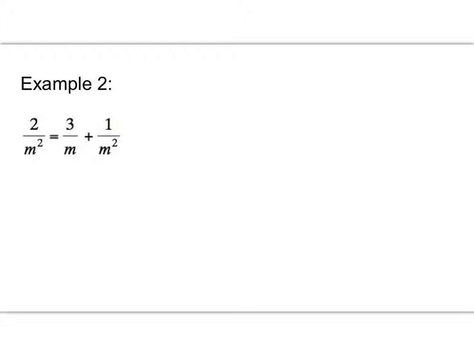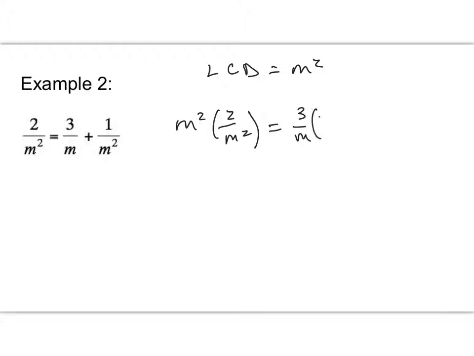Next example, I have the lowest common denominator here is m squared. So that means I'm going to multiply every single term by m squared in order to clear the fraction. Okay, and that leaves me with canceling out those m squareds, leaves me a 2 here.